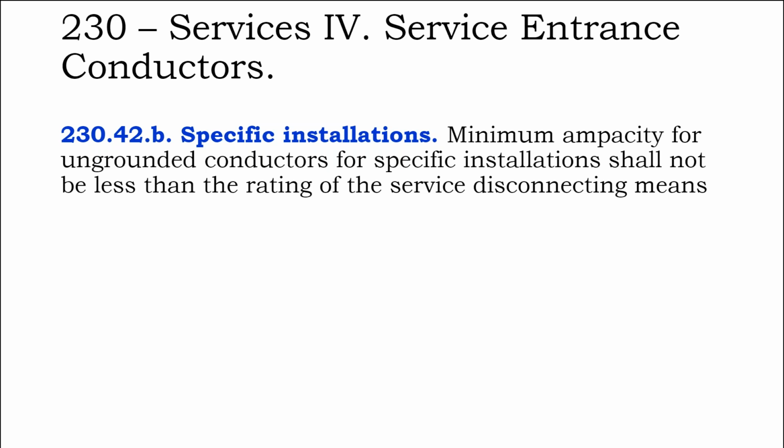And why I think that's so encouraging is it tells me that, if I turn on all the electrical load in my house, and the current rises to above 200 amps because I have 300 amps of breakers on my panel, if I were to draw all of that amperage through the panel, the breaker would trip before the utility conductors coming into the building start to heat up and smolder. So that's what that is saying. The ampacity of the service conductors has to be larger than the ampacity of the breaker for service entrance conductors.